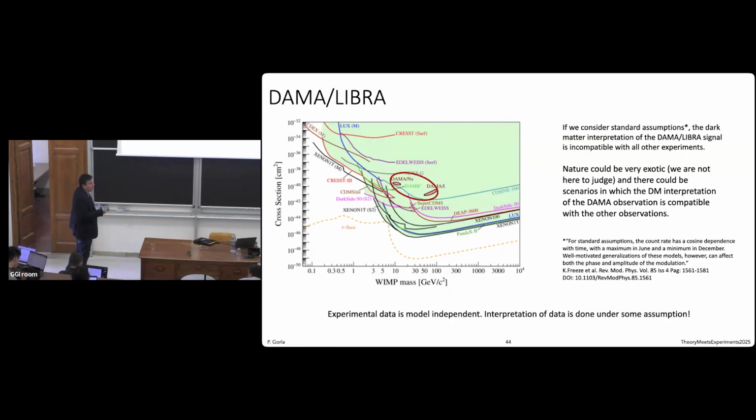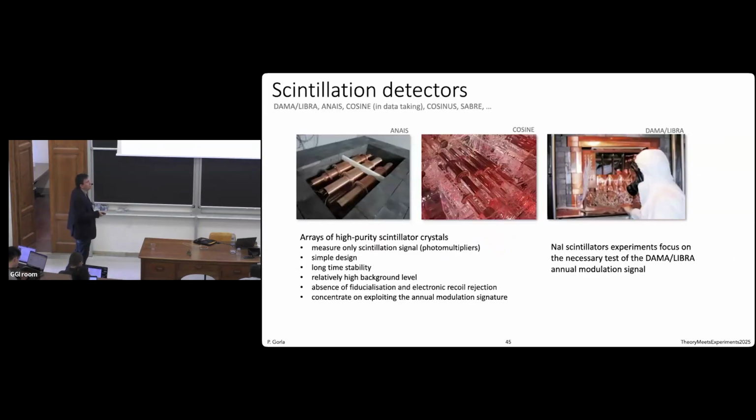So what should we do? Well, we should do other sodium iodide experiments. At that point, we are comparing the same target, and I think this is what in some way clarifies the picture nowadays. Just to complete what I said on DAMA, DAMA completed its experimental activity this year.